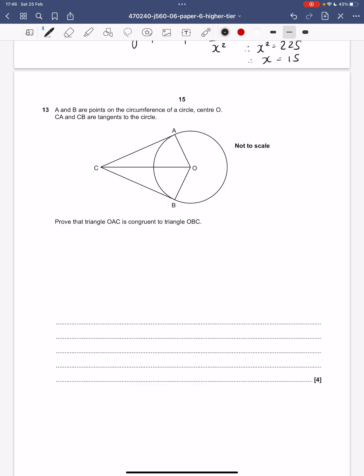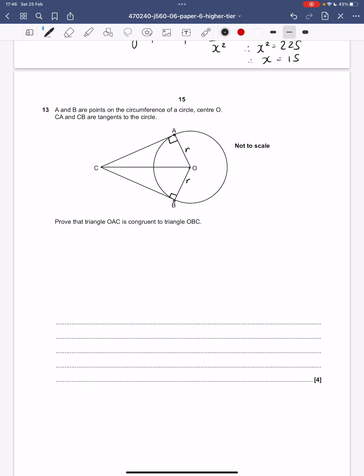A and B are points on the circumference of a circle, centre O. CA and CB are tangents to the circle. Okay, if you remember, tangents meet the radius at right angles. And these are both radii.